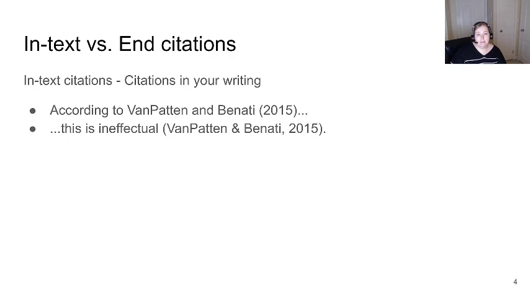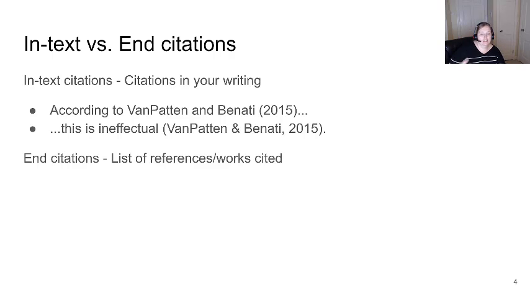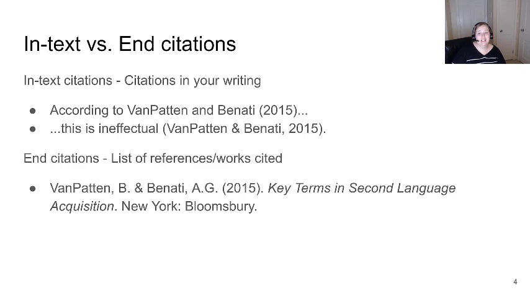But it's in the body of the paper, of the article, of the chapter, of whatever it is that you're writing. Whereas the end citations are the list of references or works cited. And guess what? There's an end citation for every different paper cited in the text. And for the most part, you don't put things in the end citations that aren't cited in the text. So these actually work in parallel. If you cite someone in the text, they have to show up in the end citations.